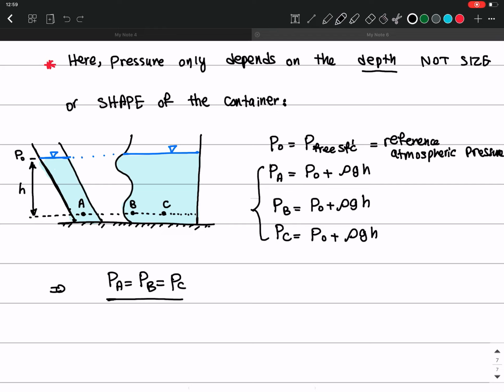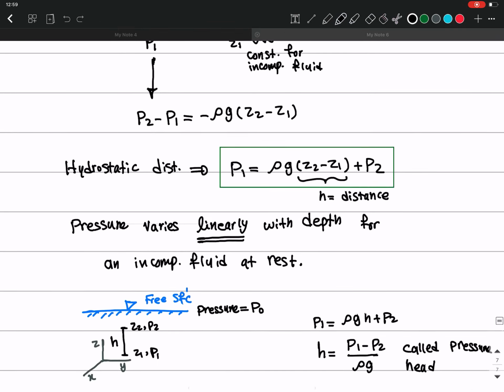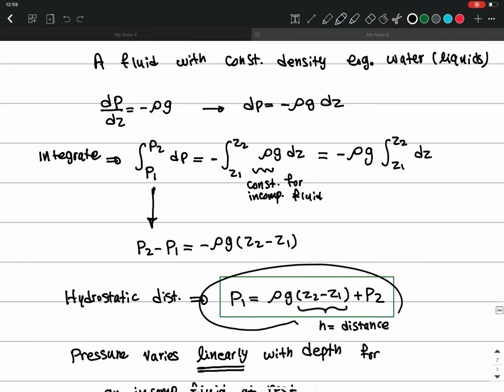It doesn't matter how they are. The only thing that really matters is the depth, how far it is from the free surface. Okay. So this is a very important point that comes from this hydrostatic distribution that we learned.